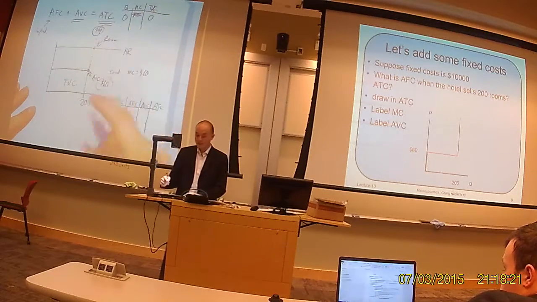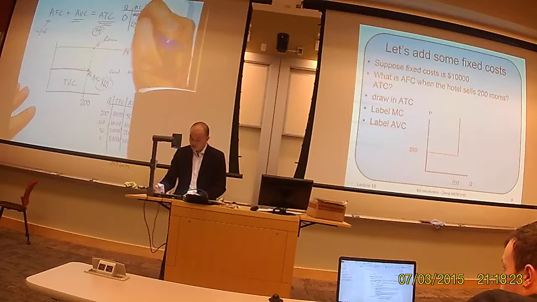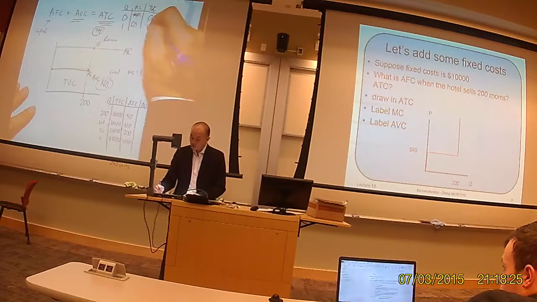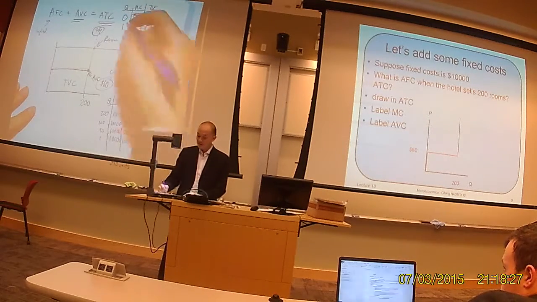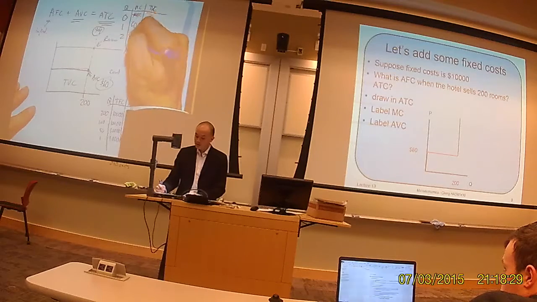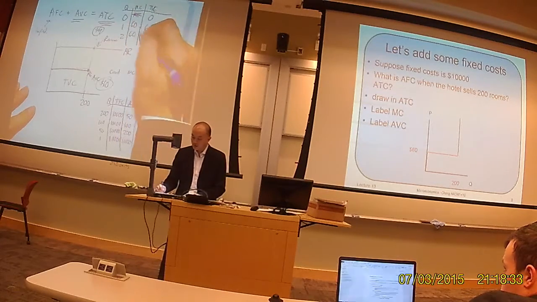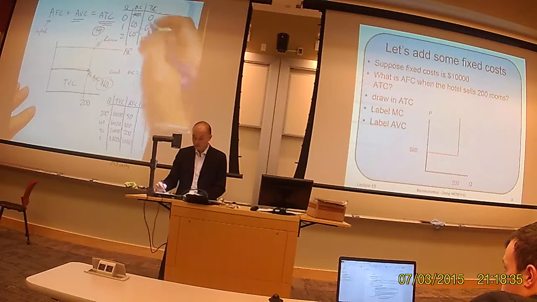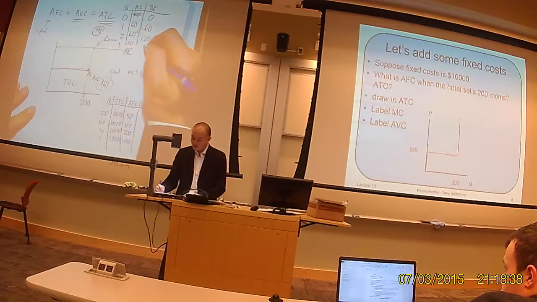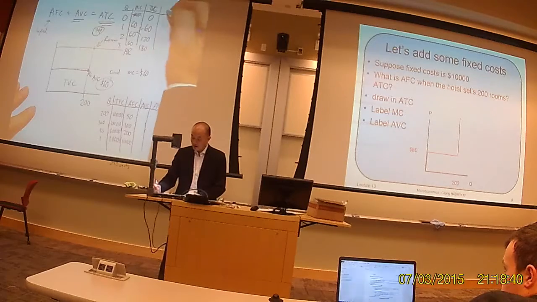So if the marginal cost is 60 for the first unit, then after 1 unit, total variable cost is 60. For 2 units, the marginal cost is also 60. These are all given things. And the total variable cost is 120, the sum of those two. For 3 units, another 60, so 180.